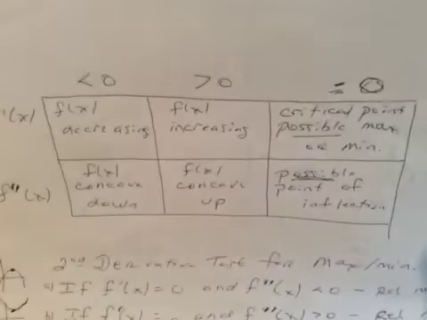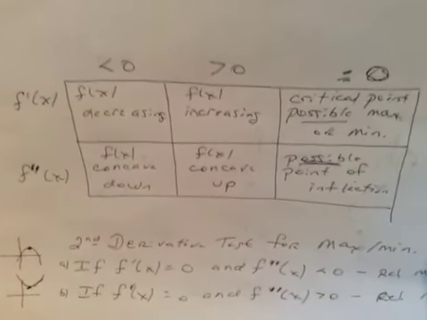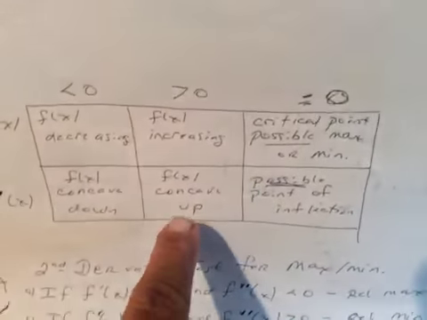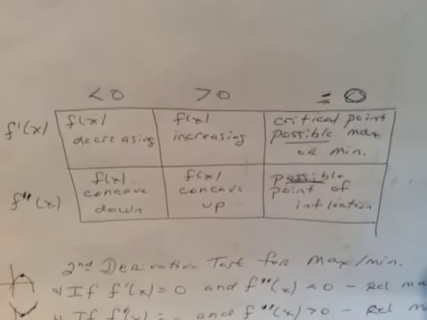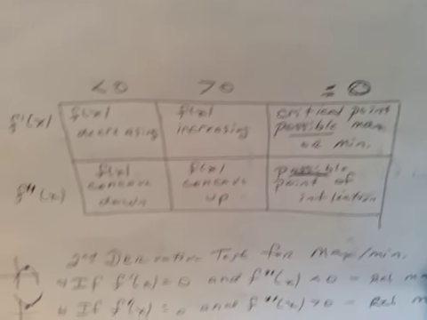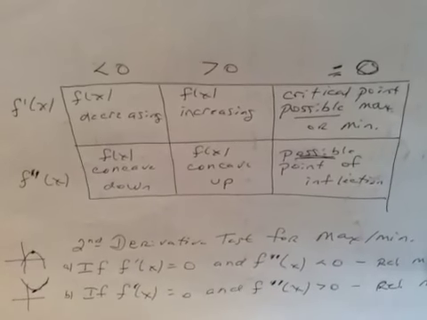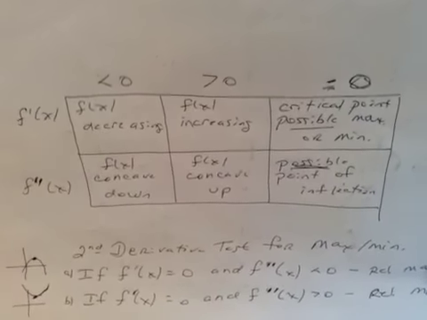That part where it goes down like that. The actual definition again, derivative is decreasing. If the second derivative is positive, function is concave up. If the second derivative equals 0, it's a possible point of inflection. Most of the time it will be, but doesn't have to be.